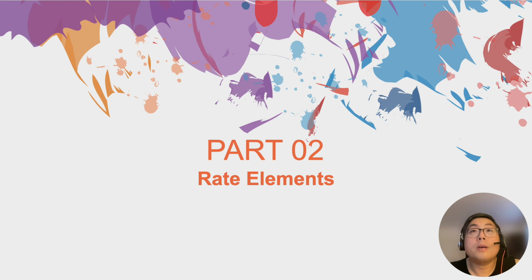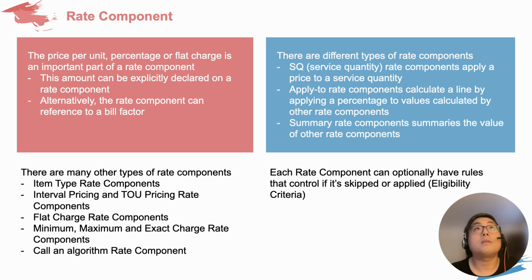Okay, second we'll look at the rate elements. Right, so remember I was saying the rate component is the main configuration point in a rate, because each of the rate components is basically one rule to define how to calculate a charge, for example, charge, cost, price, etc. Over here, the price per unit, percentage, or flat charge is an important part of a rate component.